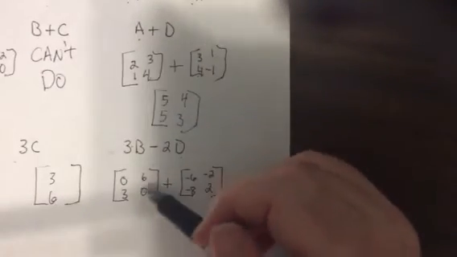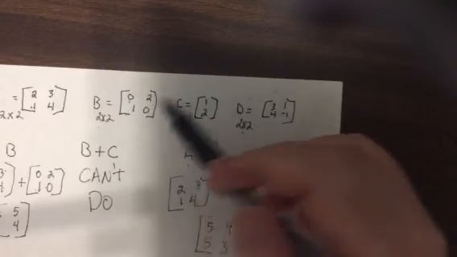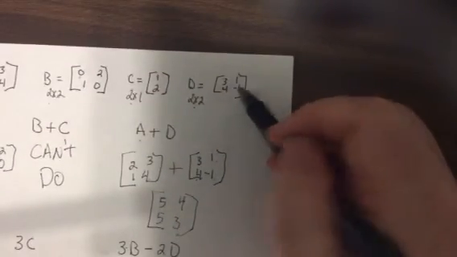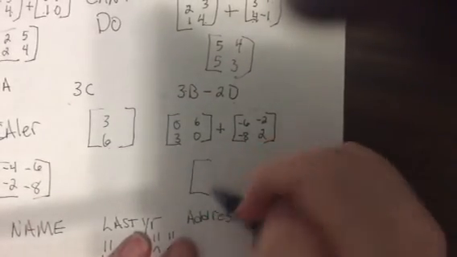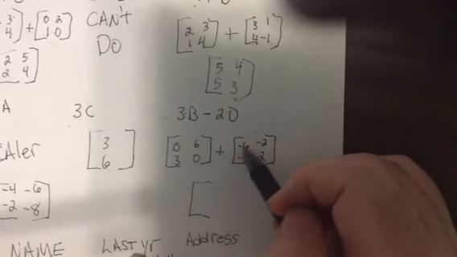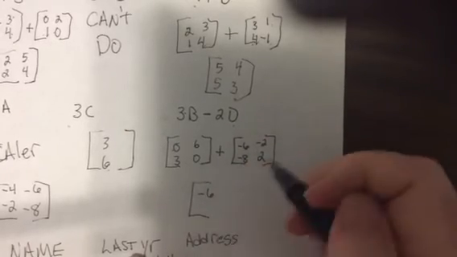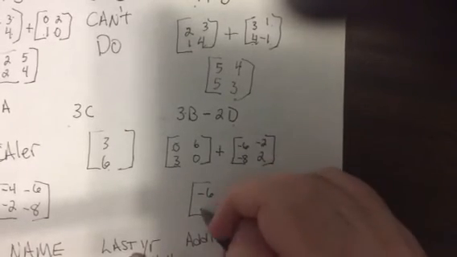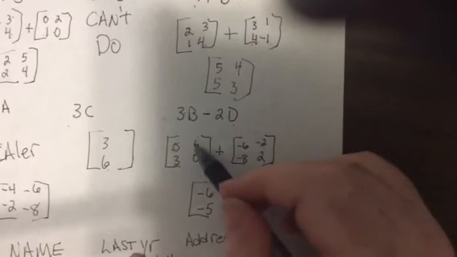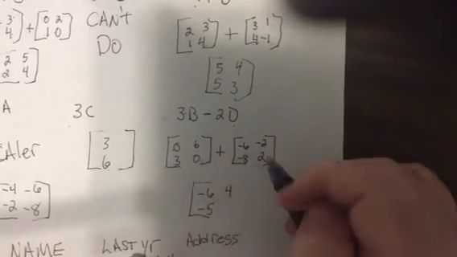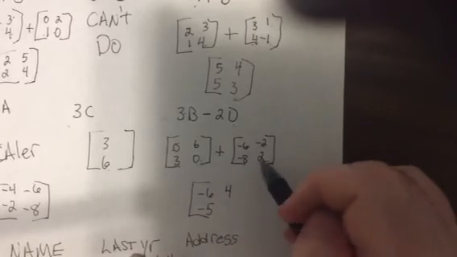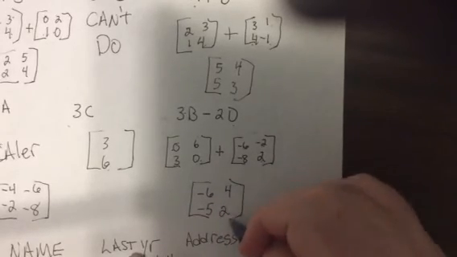So I multiplied B by 3, and then I multiplied D by negative 2. So now I just combine them. 0 plus negative 6 is negative 6. 3 plus negative 8 is negative 5. 6 plus negative 2 is 4. And 0 plus 2 is 2.